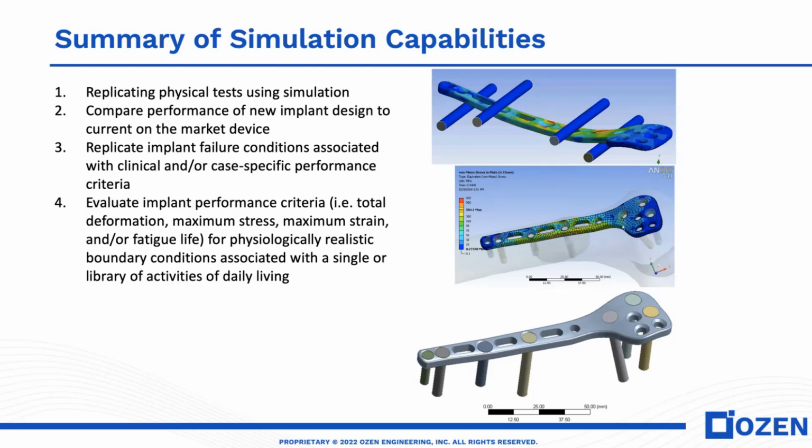And you can replicate implant failure conditions associated with clinical and or case-specific performance criteria. And you can evaluate implant performance criteria. Like you can look at total deformation, maximum stress, maximum strain, and or fatigue life, and or any fracture parameters you may be interested in. So you can get all of this from the finite element analysis.